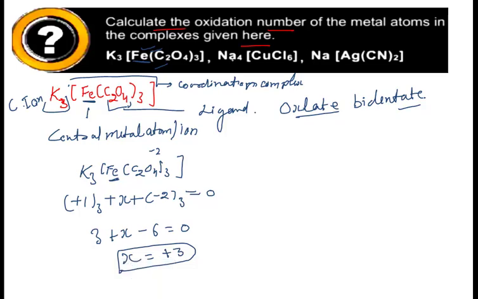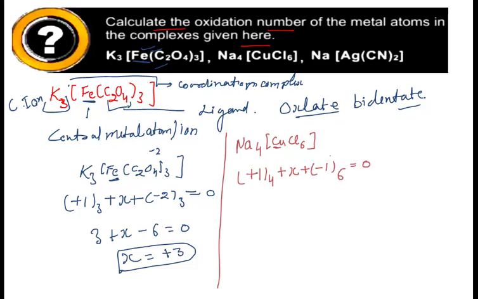Now the second example. The second example is Na4CuCl6. Again neutral. Calculate the oxidation number of this copper. So Na has +1 oxidation number, into 4 times, plus X. Chloride, yes, chloride has -1, so -1 into 6, equals 0.